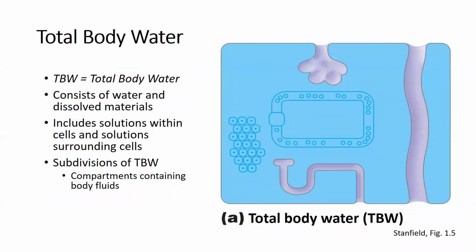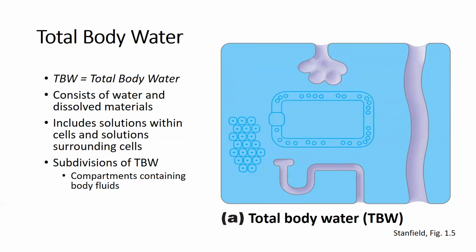All right, so the first sort of general body compartment that we're going to look at is called the total body water. And in our minimalist picture, this is all the fluid that is inside the internal environment. All right, with the exception of everything in this purple color, everything inside the internal environment, all the water, all the fluid in the internal environment is called the total body water.